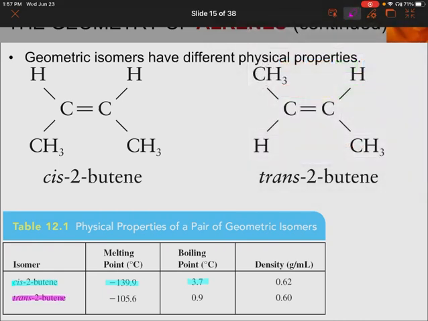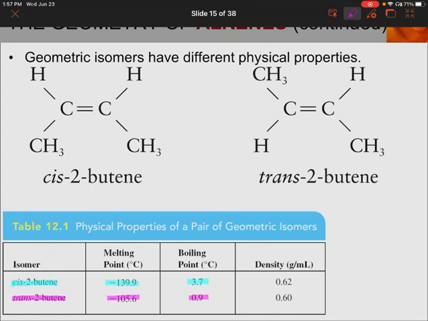Trans 2-butene, on the other hand, has a melting point of negative 105.6 and a boiling point of only 0.9 degrees Celsius. And you can even see that the densities are very slightly different as well. So these are different molecules, even though they look the same.